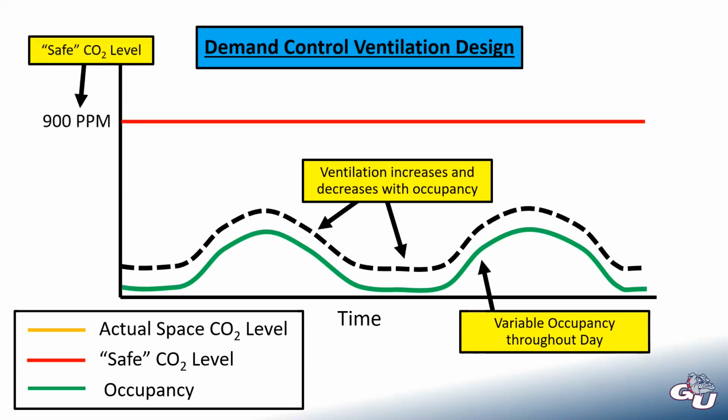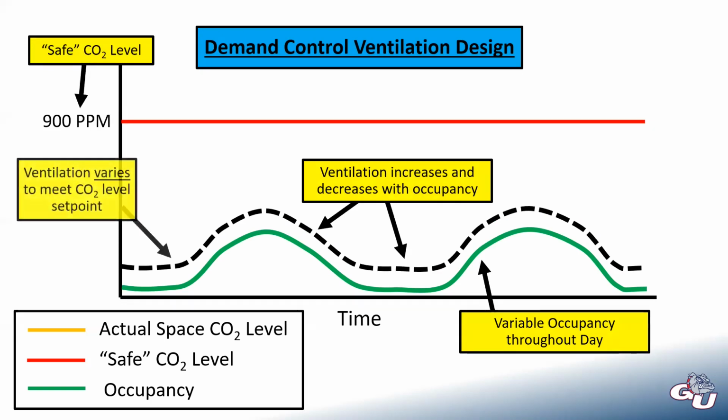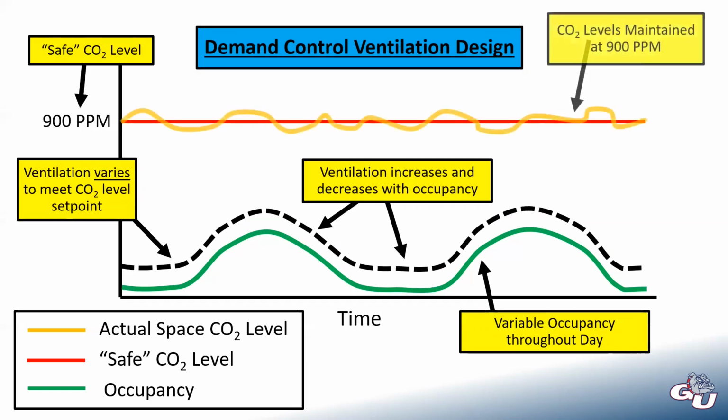We can use the same safe CO2 level of 900 parts per million, and our ventilation is varying to meet that CO2 level set point, meaning our actual CO2 levels are going to oscillate right around that 900 parts per million.